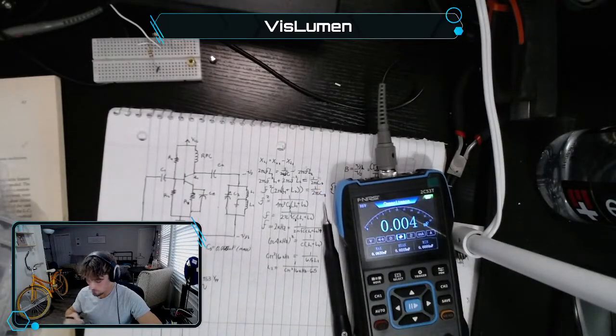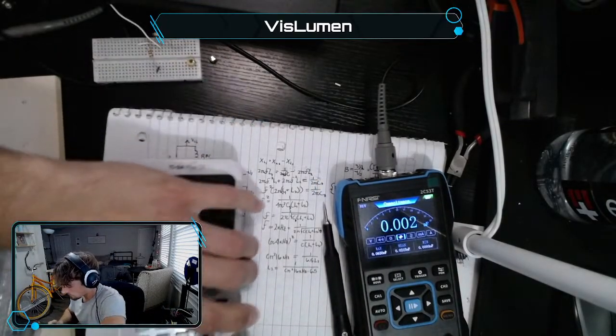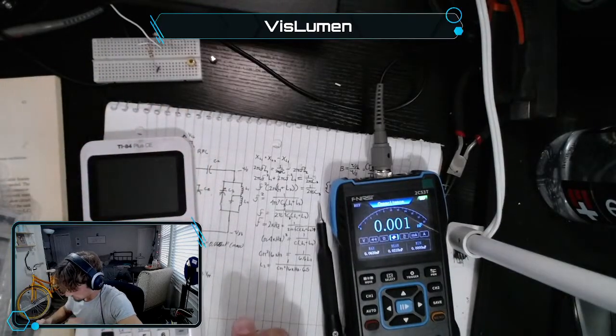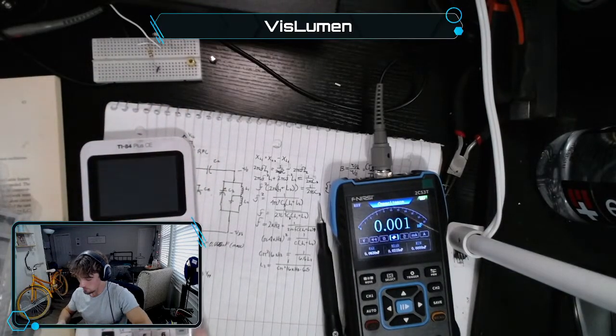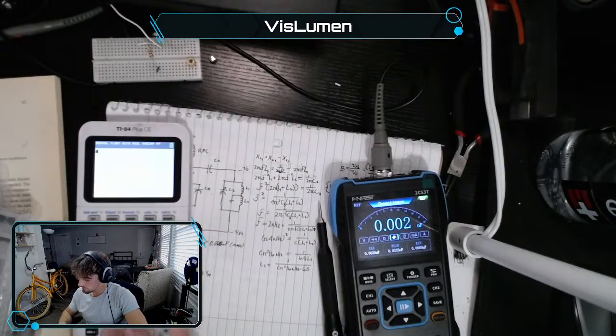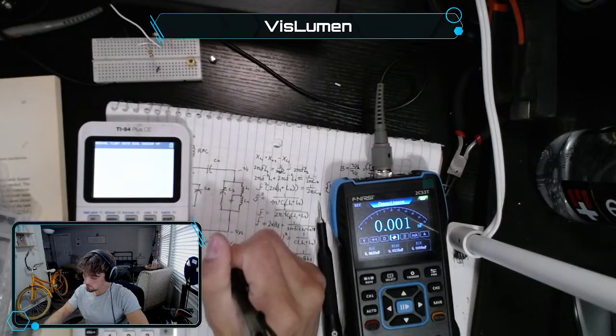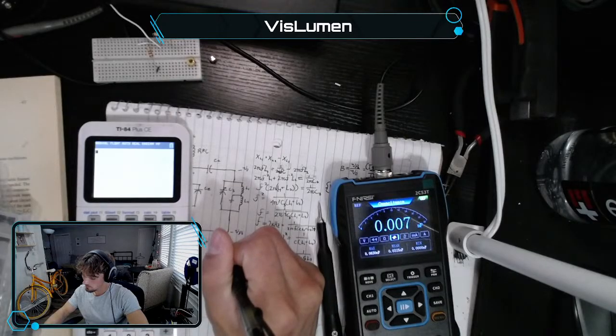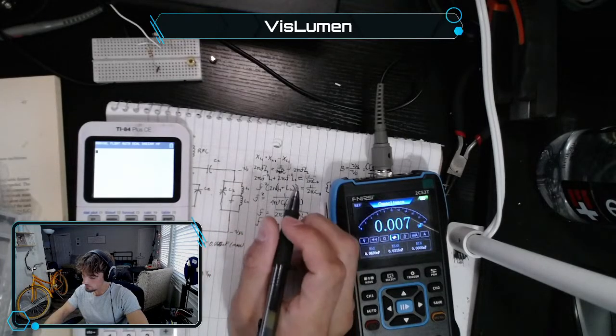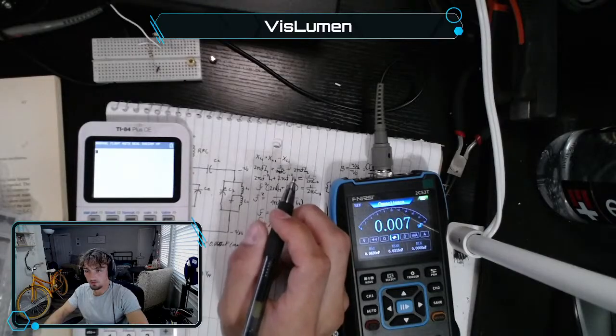So we know what our capacitance is. Maximum, for 2K. 65. Because it's variable, then we'll be able to change the frequency.